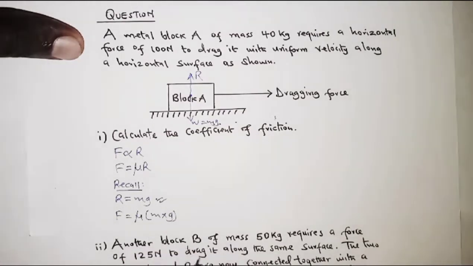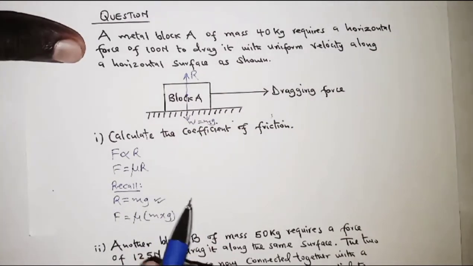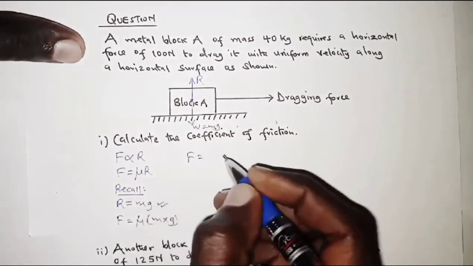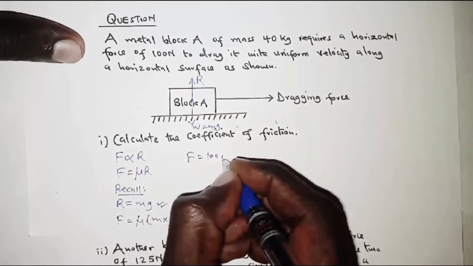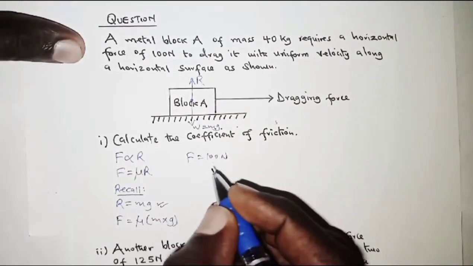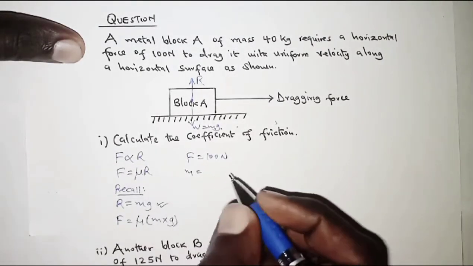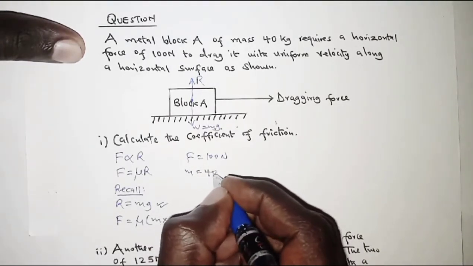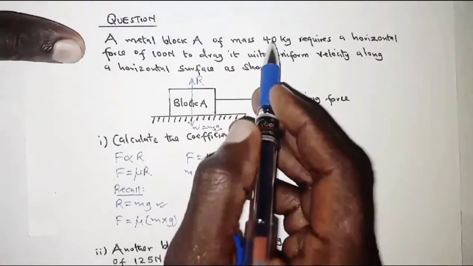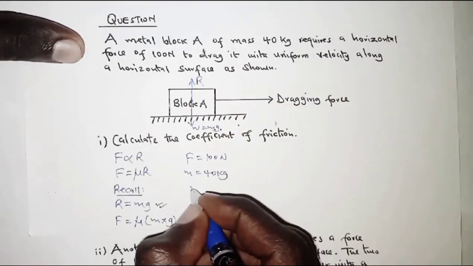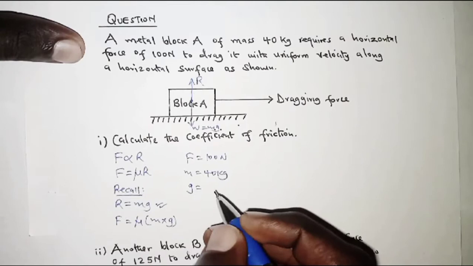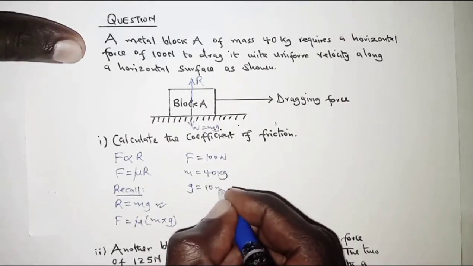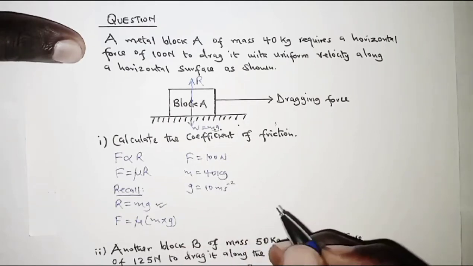From here, we can now do the substitutions. We know that the dragging force F we are given as 100 newtons. We know that the mass of the block is 40 kilograms, given right here. And we also know that the gravitational acceleration of the Earth is 10 meters per square second.